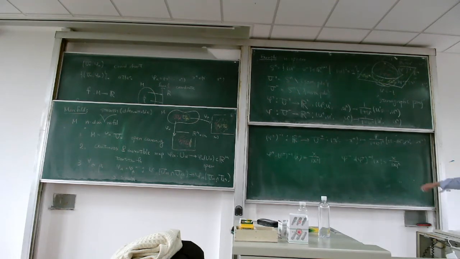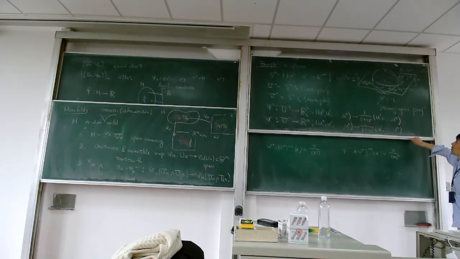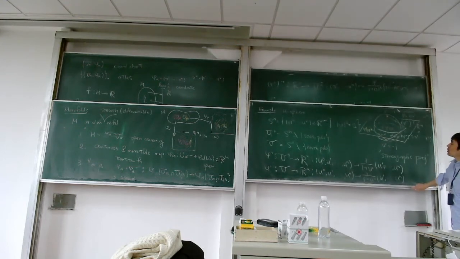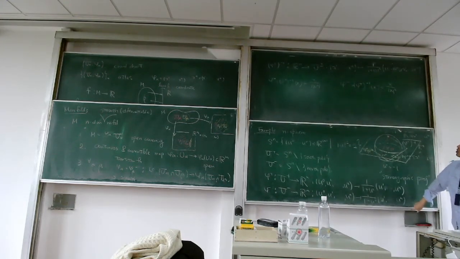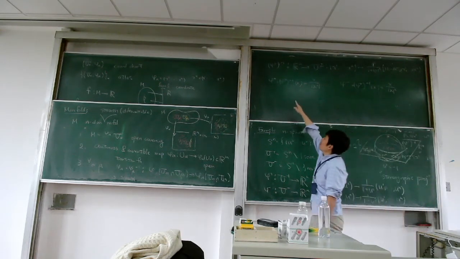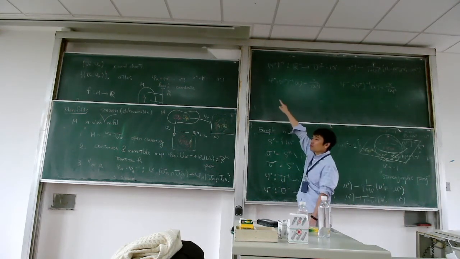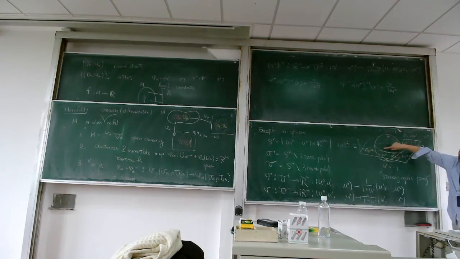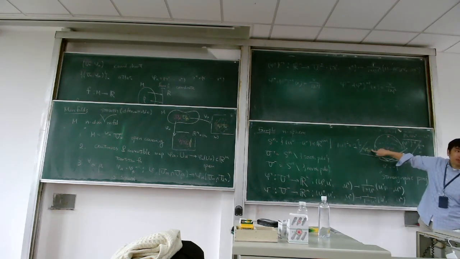So what it does is that you start with this point and map to here and map to here, okay? That's the map for phi minus inverse composed with phi plus. So this point is mapped to here by phi minus inverse, and mapped to here by phi plus.